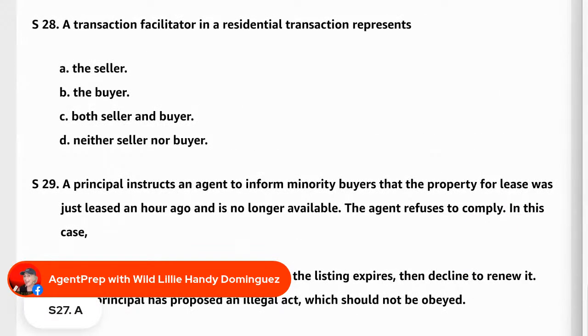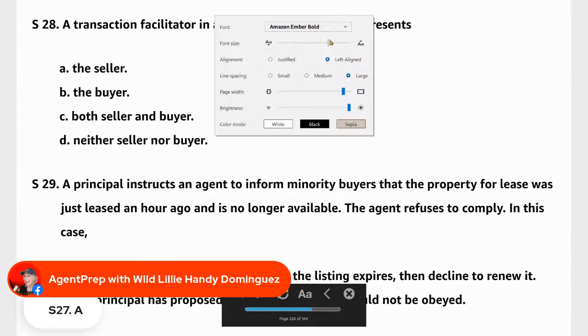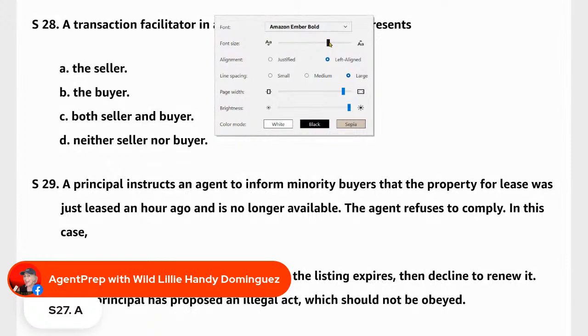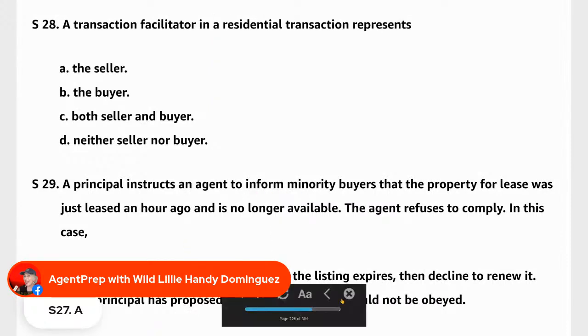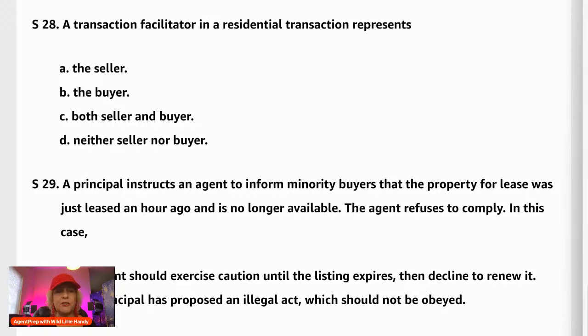Okay, number 28. A transaction facilitator in a residential transaction represents whom? A, the seller. B, the buyer. C, both buyer and seller. D, neither seller nor buyer. A transaction facilitator.